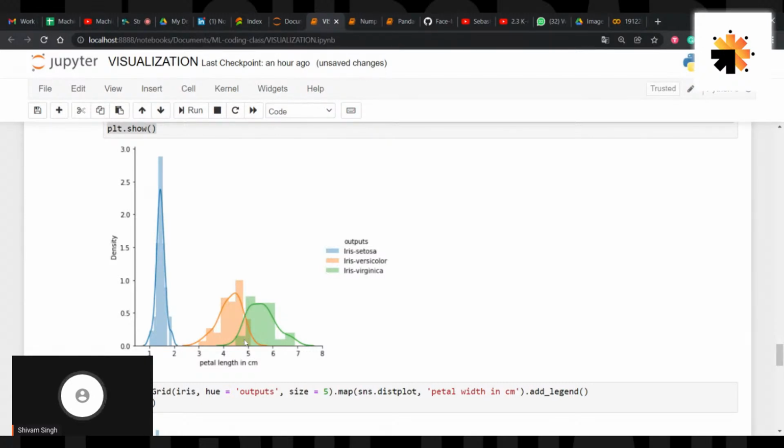So if my petal length is lesser than 5.3 and greater than 2.3, then that particular flower is Versicolor, maybe with 95% confidence, because it may have 5% error.